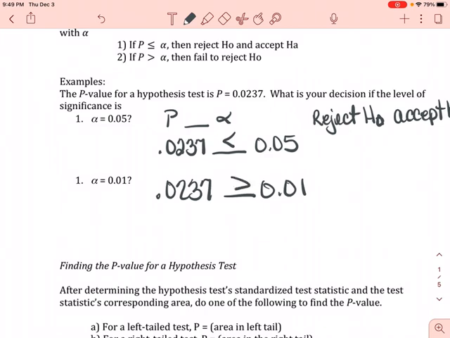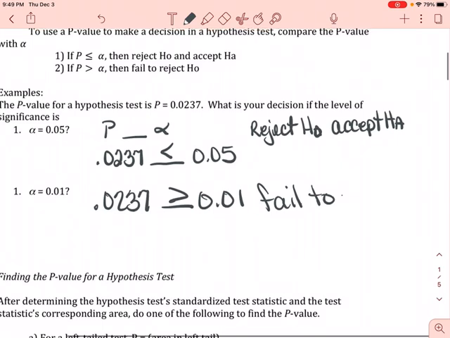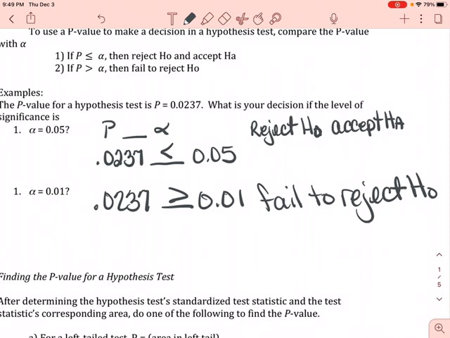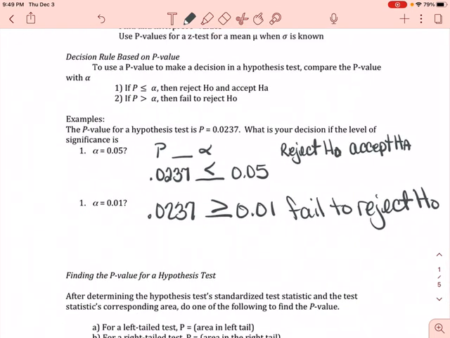So here we're going to fail to reject, and we're not accepting H sub A here either. We need more testing, status quo, things like that. That's how we're going to do it: take our p-value, compare it to our alpha, and make our decision.